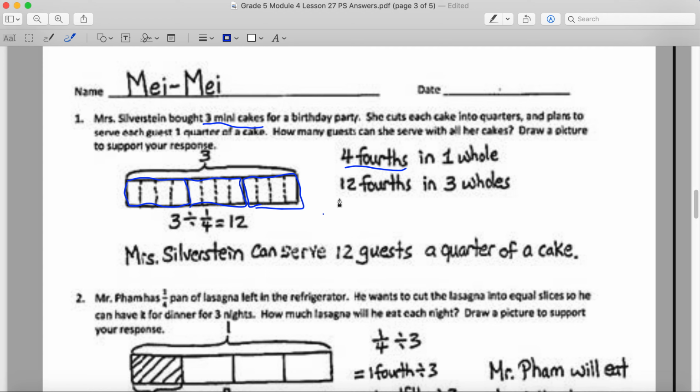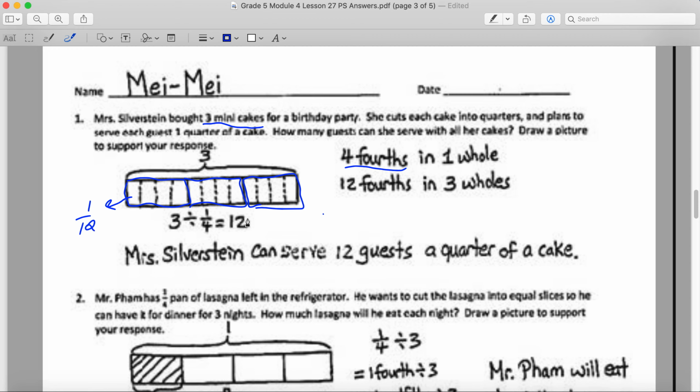Also, the question here is different from before. This question says, how many guests can she serve with all of her cakes? Another way you could have asked was, what portion, what fractional part is this out of the cakes? And that's 1/12 for that particular question.